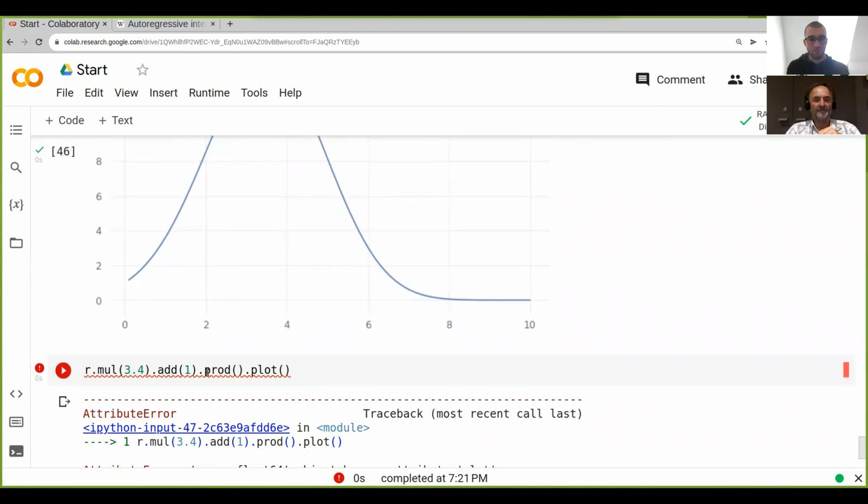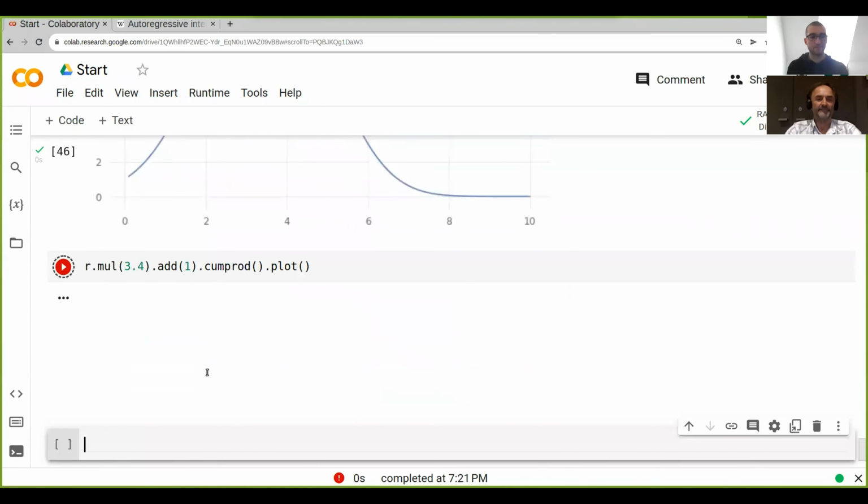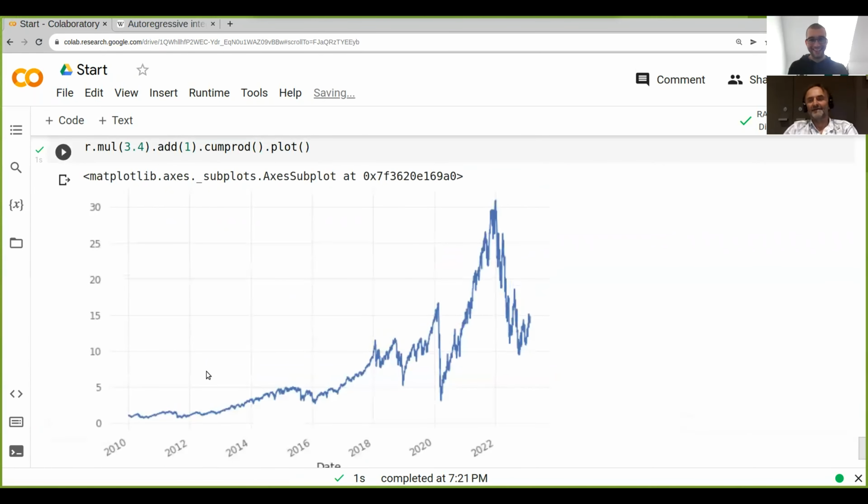Oh, we have to do the cumulative product. Look at that. It's like violent. It actually goes up and then it drops back down, like in the final stages, right? It's like a crazy violent run. So it's not for the faint-hearted.